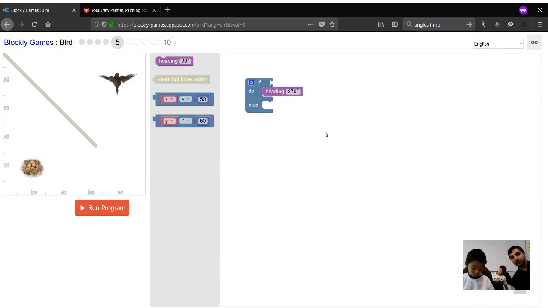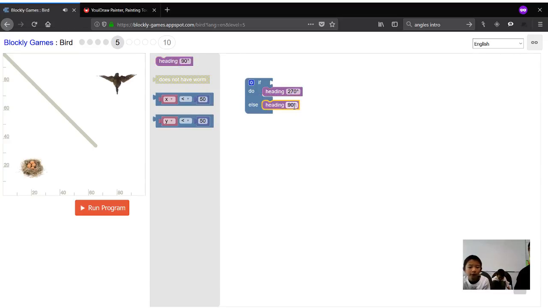So, what direction should we go in this area? Like head X. What direction? Down. It's currently, you already told it to go down. So what's the second direction to go?